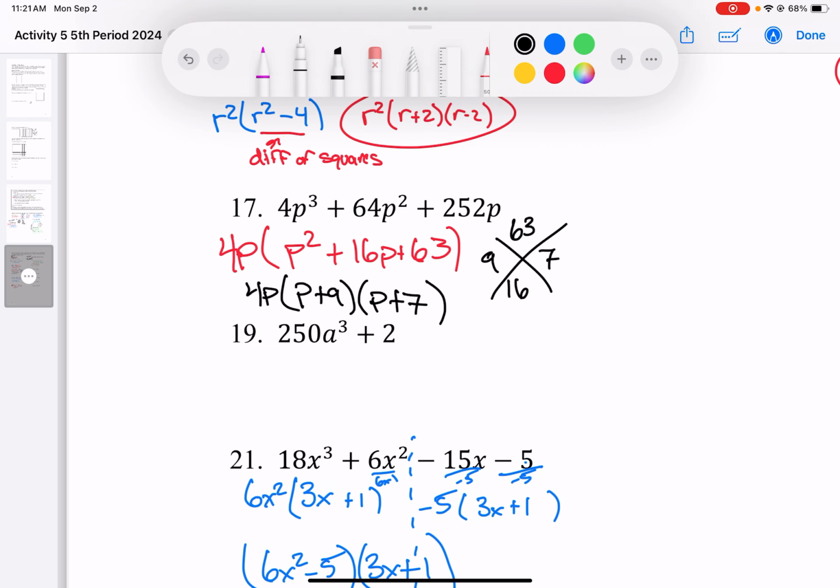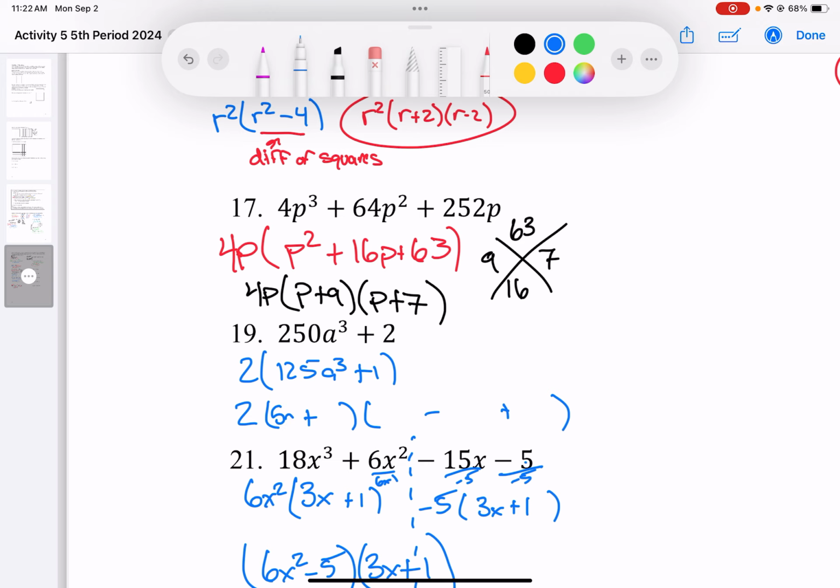This one, we can factor out a 2. So there's 125a cubed plus 1. And 125 is a perfect cube. So 2 is still part of our answer. And then because it's plus, that'll be something minus plus something. And in this case, 5 cubed is 125.